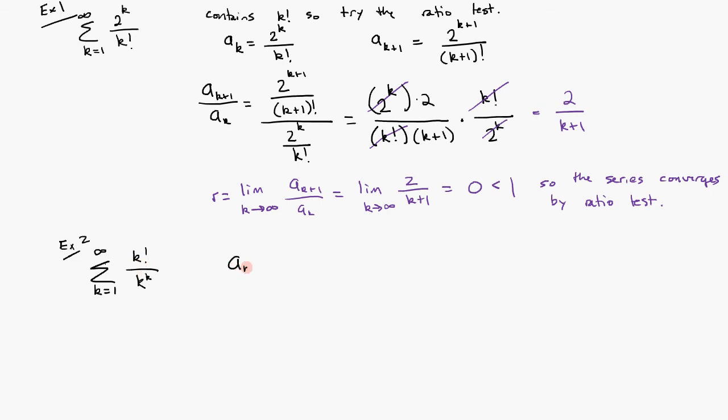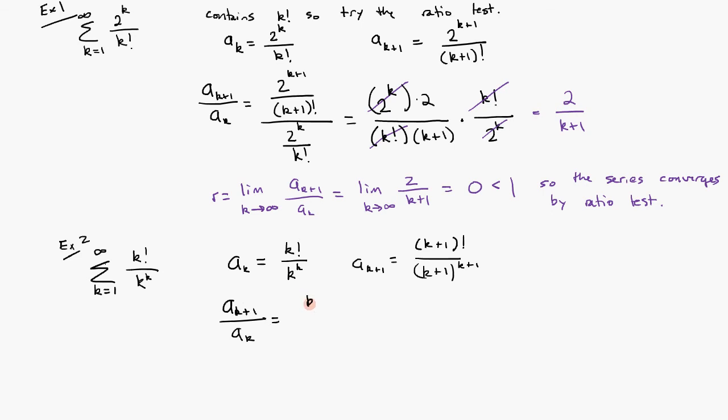We identify a sub k and a k plus 1. Now let's take the ratio of successive terms, a k plus 1 over a k, and then simplify this.